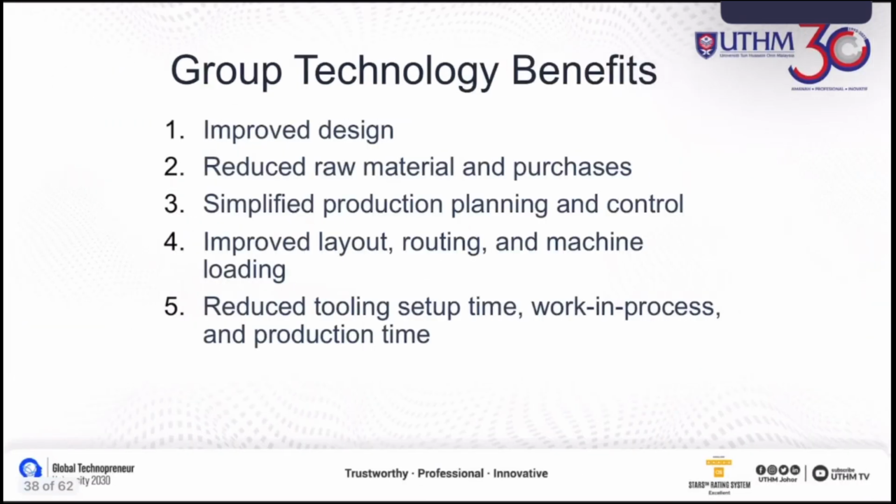Okay, so why do we need that? Because it improves the design, it reduces the raw material and purchases, it simplifies production planning and control, and improves layout, routing and machine loading, and reduces tooling setup time, work in process and production time. So these are the benefit of having the group technologies.